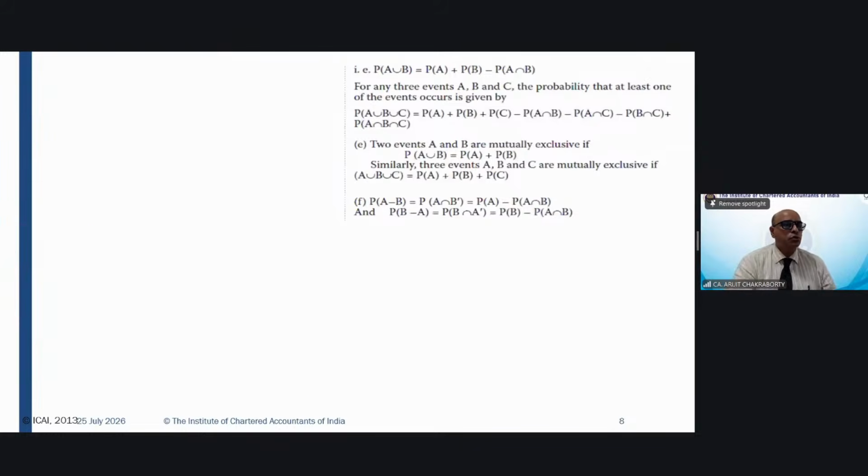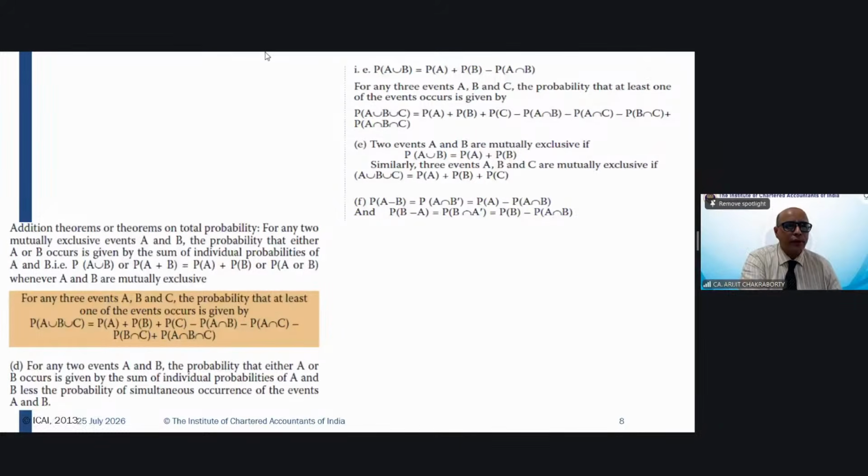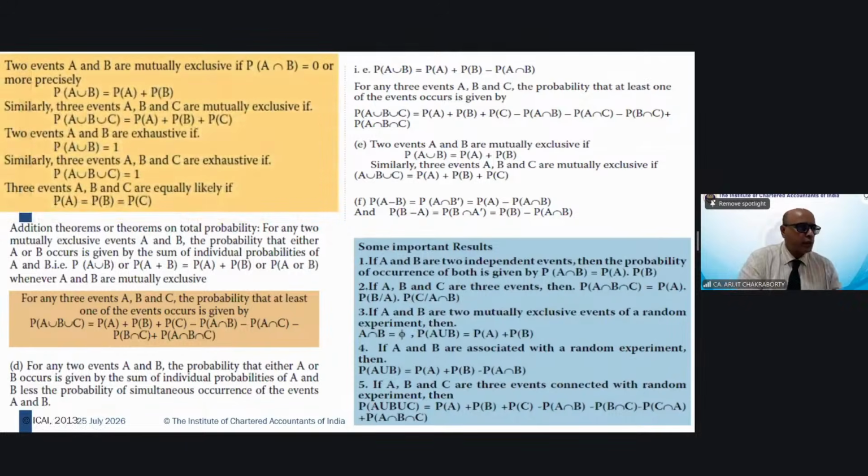Now we proceed to look at some further theorems, which we have already gone through in the past, in the last 2-3 slides. It's just a recap. 2 events are mutually exclusive. We saw if P of A intersection B is 0, that means for 2 mutually exclusive events, the probability of either A or B happening is the sum of the individual probabilities, as you can see, P A plus P B. For 3 events, same thing we discussed.